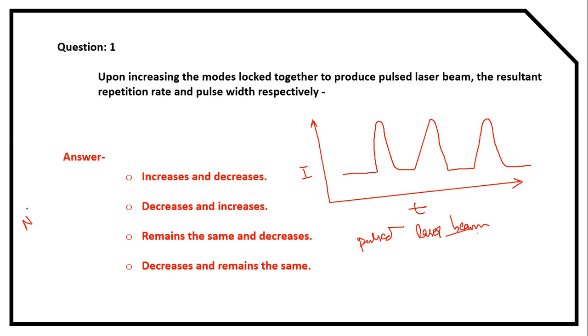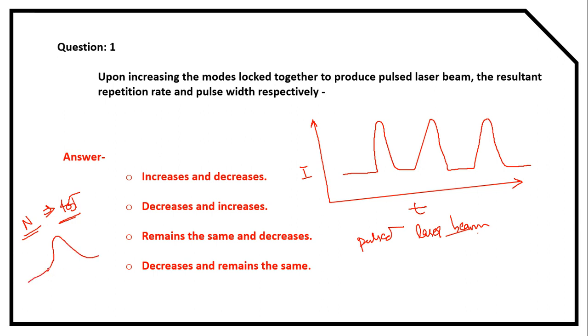Although suppose we are working on a laser which has a wavelength of 405 nanometer, it will not have just a single value, but a range.